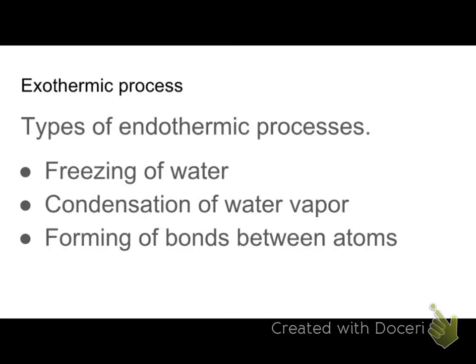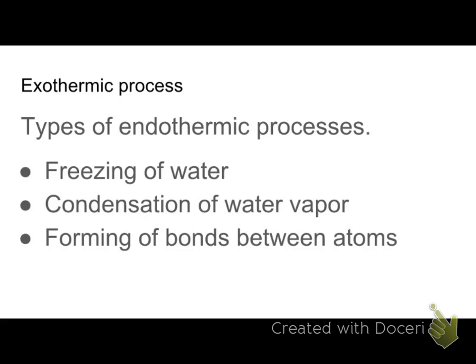And then also, an exothermic process is the forming of bonds. Instead of breaking bonds, forming bonds is exothermic. So when bonds form, we get energy out. Bonds go together, energy goes out. Pull them apart, energy goes in.